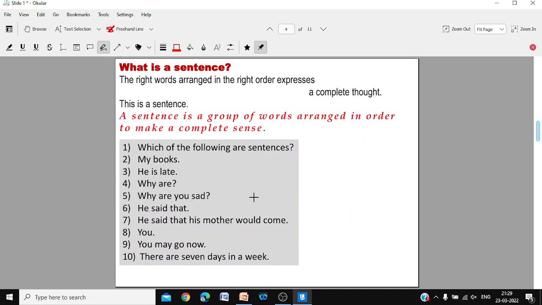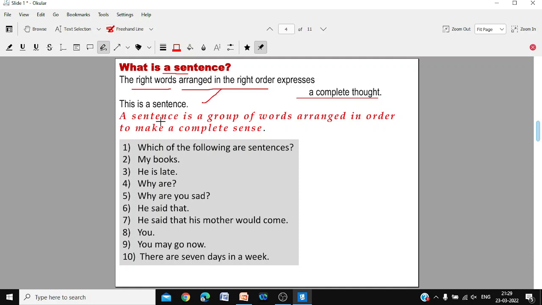So now we can ask the question, what is a sentence? We saw that first of all, we have to choose the right words, and then we have to arrange them in the right order. The right words, when you put them in the right order, express a complete thought. That's a sentence.